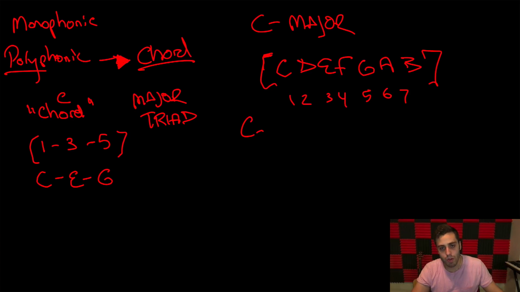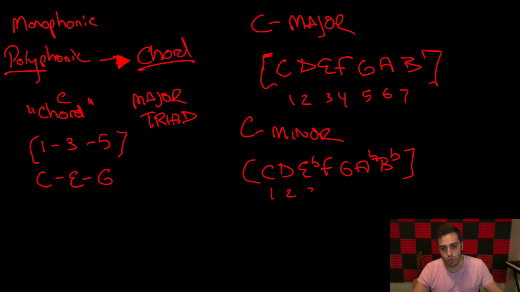If we bring in C minor, just to take a look at it, it's C, D, E flat, F, G, A flat, B flat. And this is 1, 2, 3, 4, 5, 6, 7.